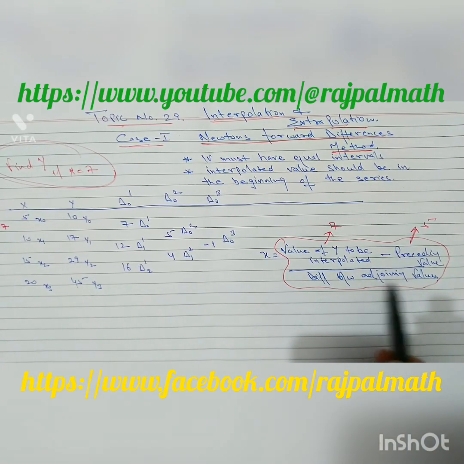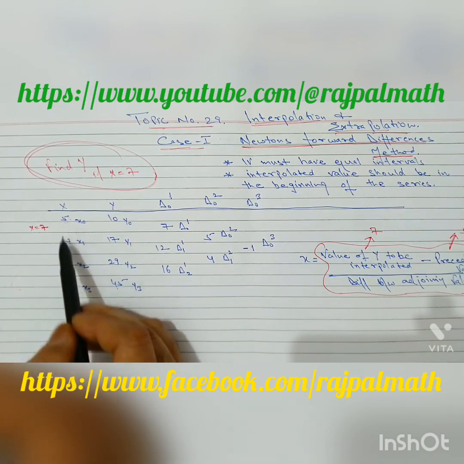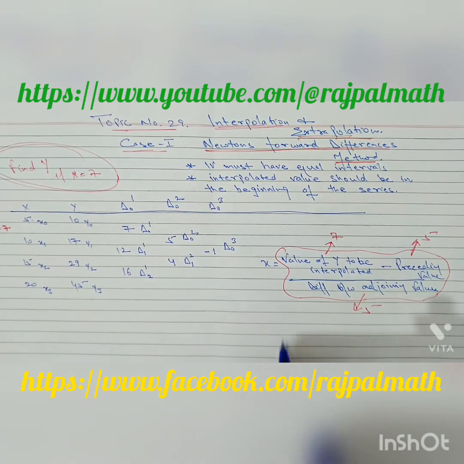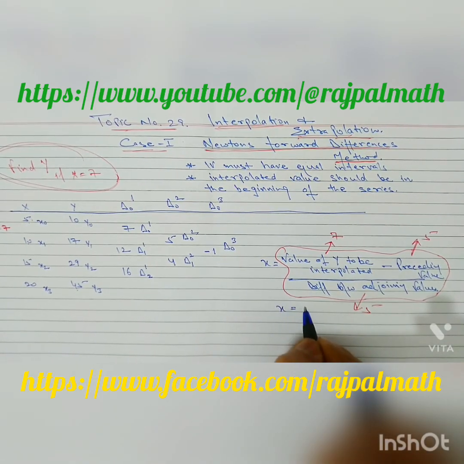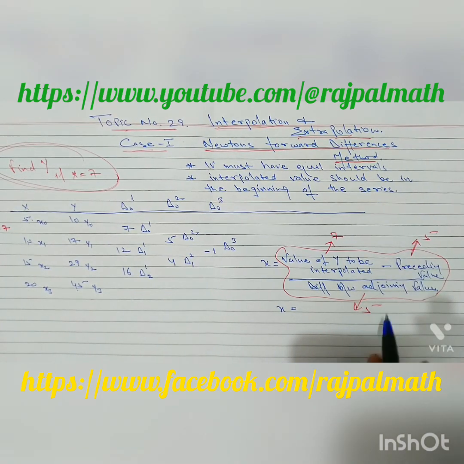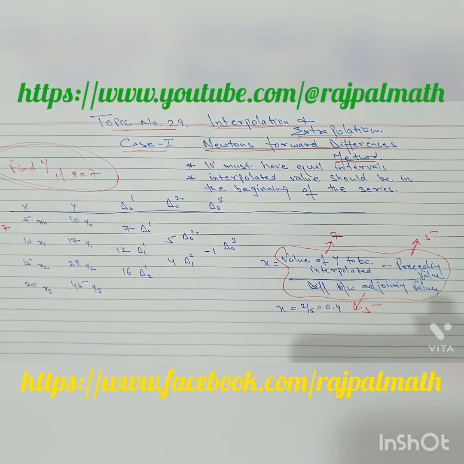And the difference between adjoining values 5 and 10 is 5. Which means x equals 7 minus 5, that is 2, divided by 5. 2 divided by 5 equals 0.4. Therefore x equals 0.4.